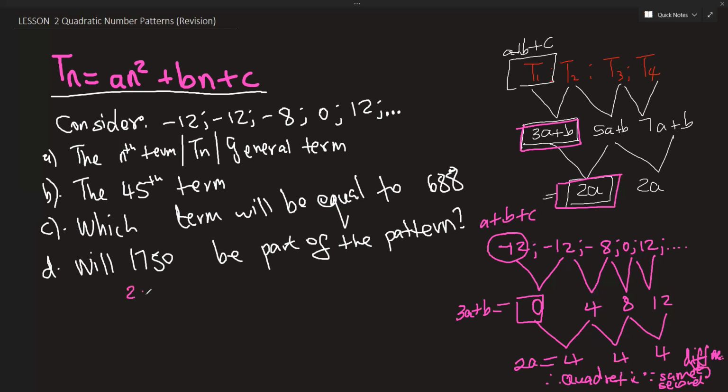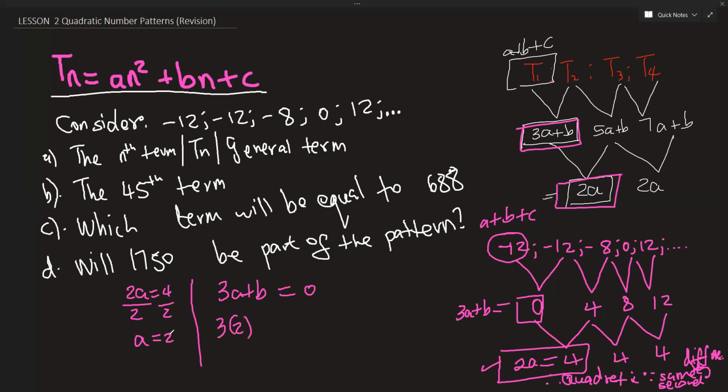I have 2a equals 4. Dividing by 2 on both sides, a equals 2. Now we use the next part: 3a plus b equals 0. Substituting a as 2, 3 times 2 plus b equals 0, therefore 6 plus b equals 0, therefore b equals -6.